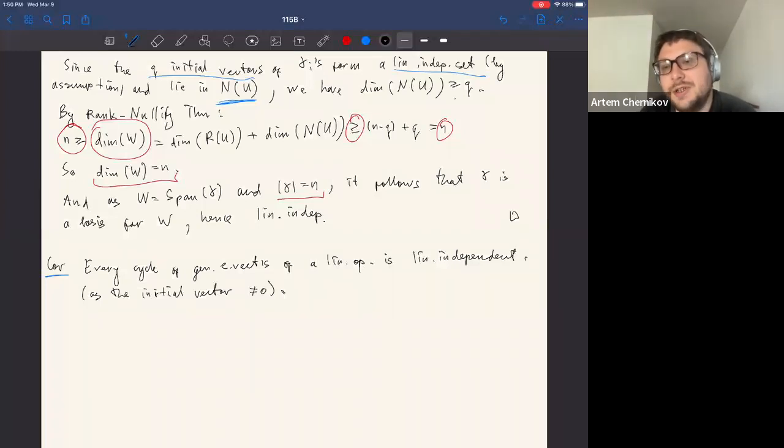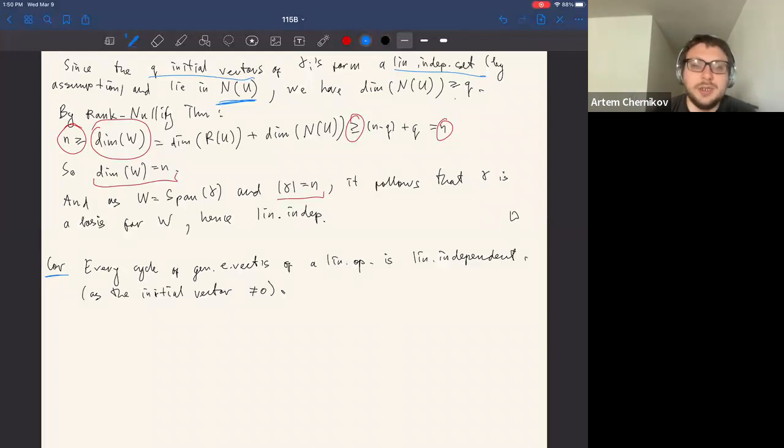The set consisting of a single non-zero vector is automatically linearly independent. And so it follows the whole cycle of generalized eigenvectors is linearly independent. Okay, so this is a corollary of the theorem applied to the situation when we are just considering a single cycle of generalized eigenvectors. So I'll stop here.